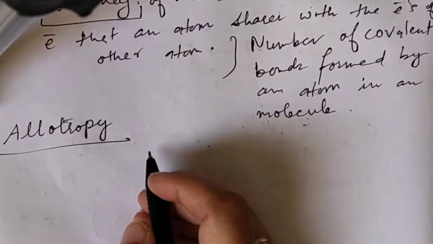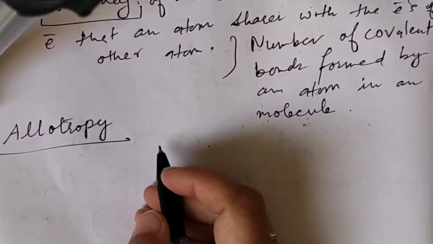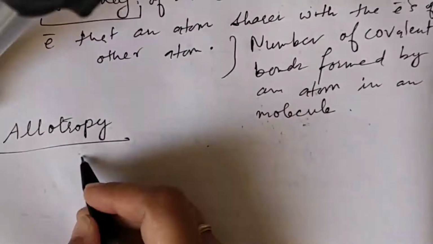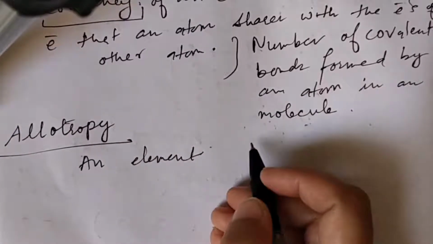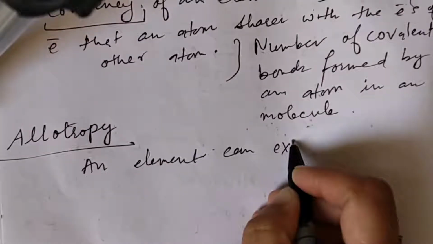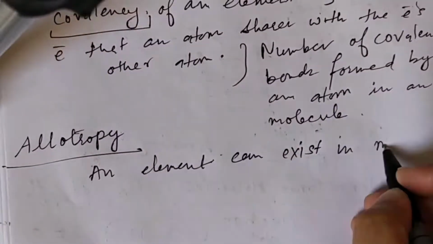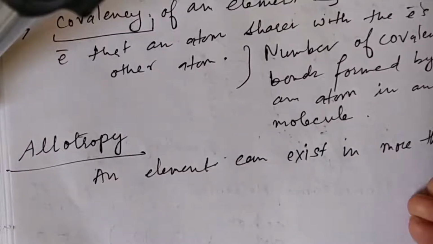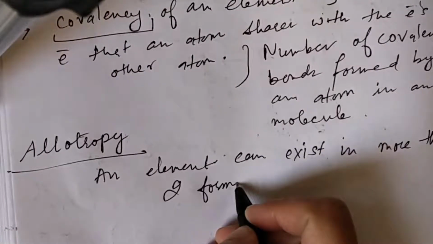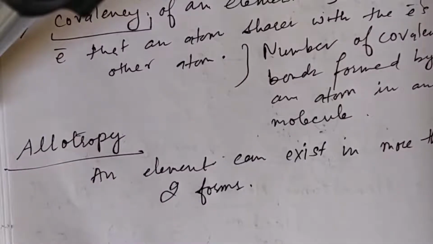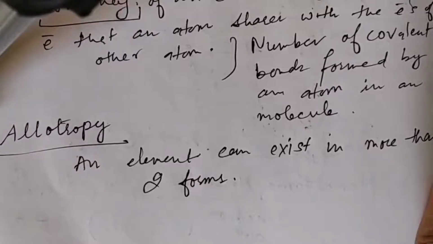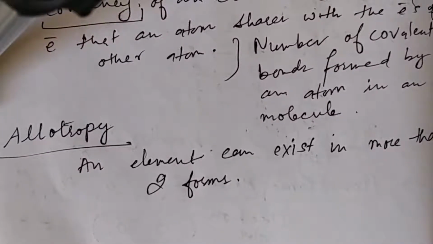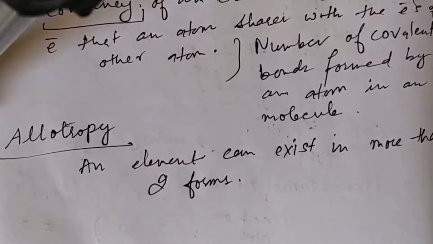Allotropy is the property of an element in which an element can exist in more than two forms. Are you getting the point, students? Allotropy is the phenomenon exhibited by an element in which it can exist in more than two forms.